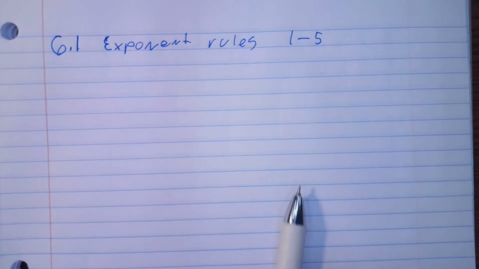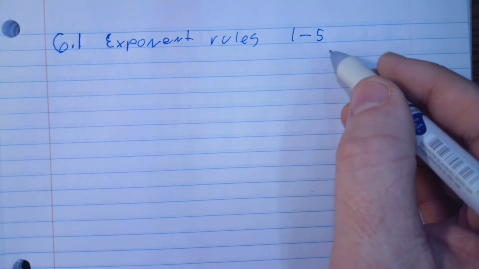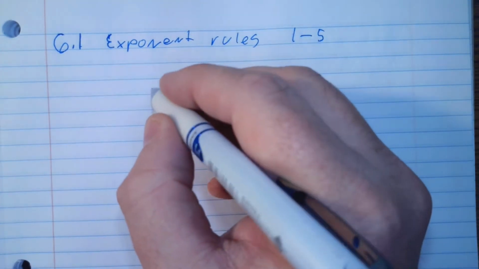All right, so I'm going to come up with a difficult problem that's going to use 1 through 5, and we're going to see if we can get it worked out. Okay.